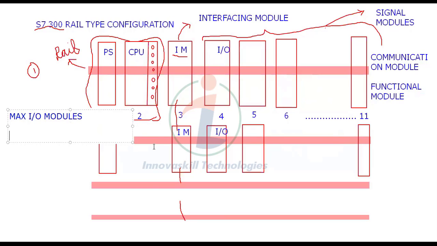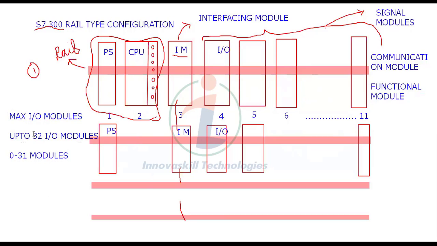In totally 4 rails we will get up to 32 IO modules, and these will be numbered 0 to 31. We can expand up to 0 to 31 modules. So this is the maximum if you are increasing the IO modules. So this is the configuration of S7300 rail type PLC.